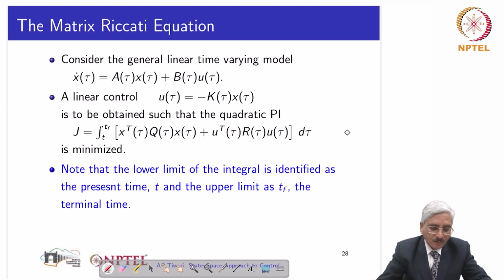Now the lower limit of the integral is not t_i but it is t, which is the present time, and the upper limit is retained as t_f, the terminal time, meaning that we are interested in the time from now on, and the states will reach the desired value at time t_f.